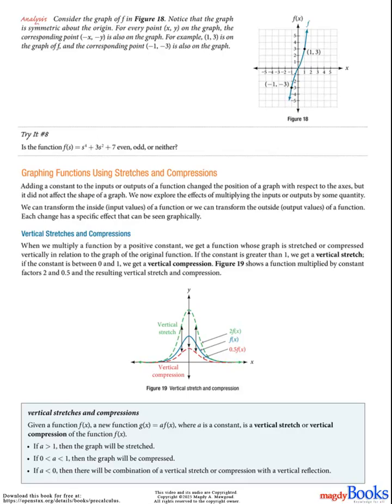Notice that the graph is symmetric about the origin. For every point (x, y) on the graph, the corresponding point (-x, -y) is also on the graph. For example, (1, 3) is on the graph of f, and the corresponding point (-1, -3) is also on the graph.